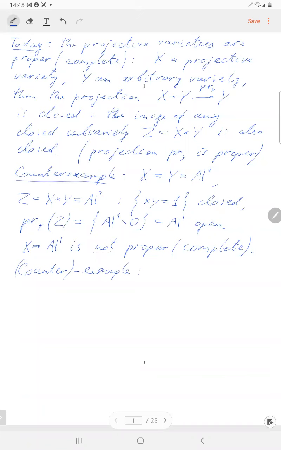Let's consider a morphism from A2 to A2, where the coordinates x and y go to x and xy. So it's a certain extension of the previous example. I just add one more coordinate to the image. And then what is the image of this morphism? Let's call it pi.